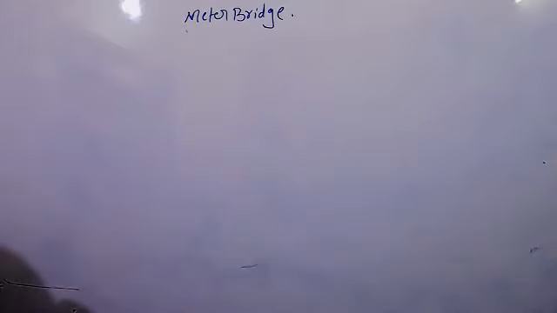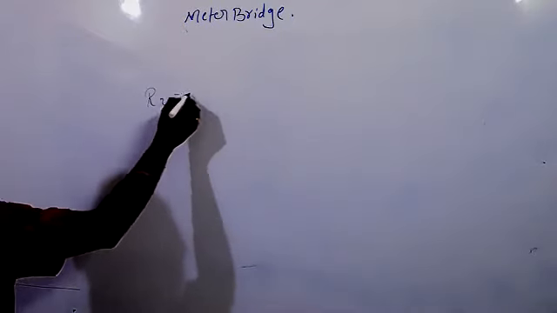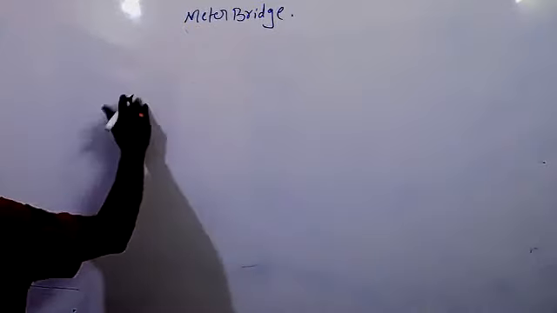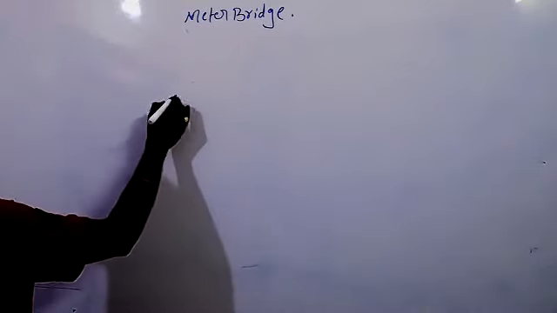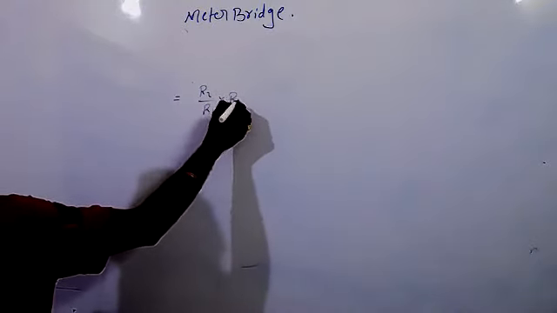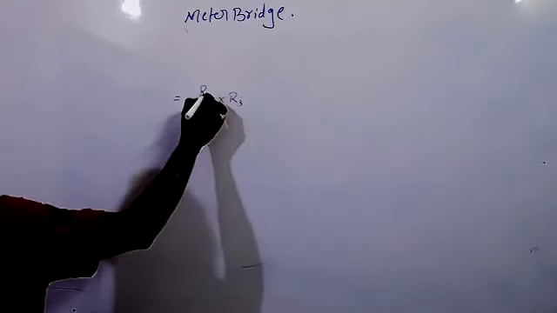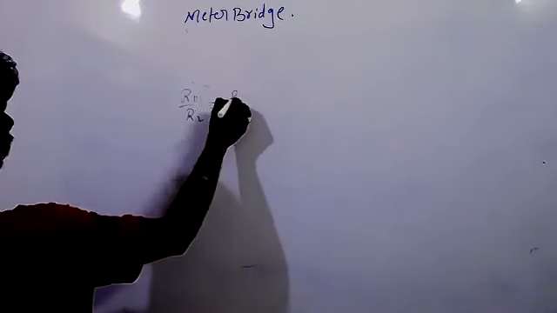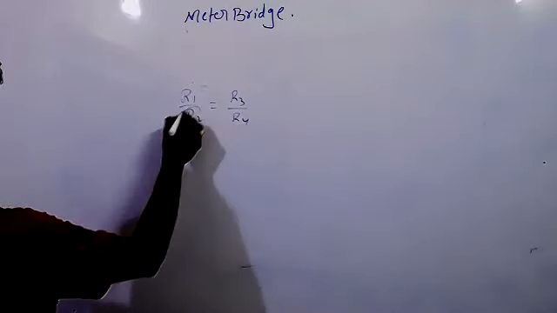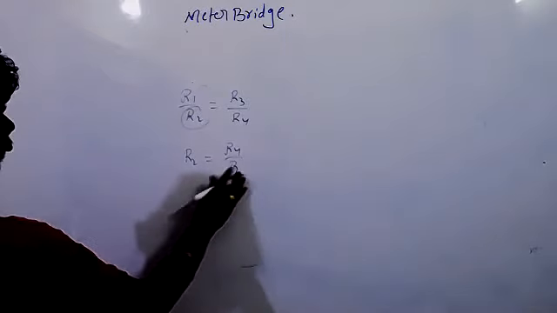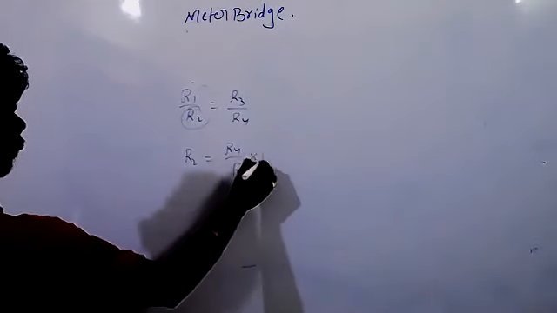Solve that. How much did you get? You have to calculate R2, right? R1 is 4 by 5. What is the formula? R1 by R2 equals R3 by R4. You have to find R2, so R2 equals R4 by R3 into R1.